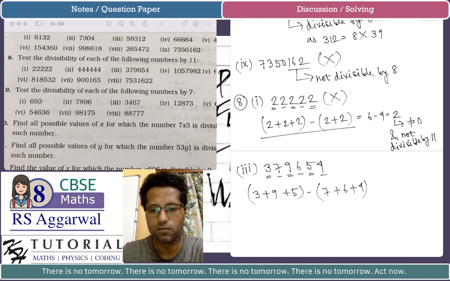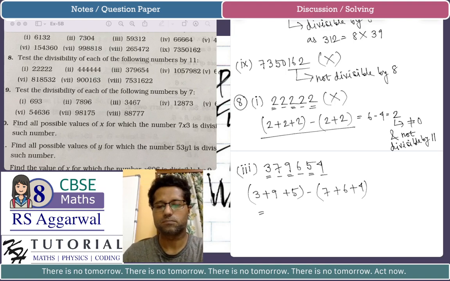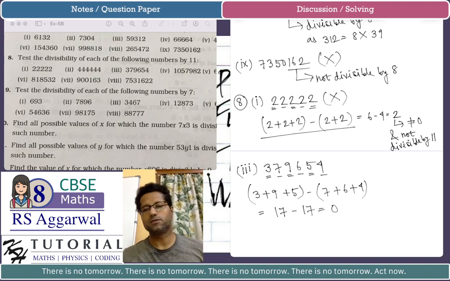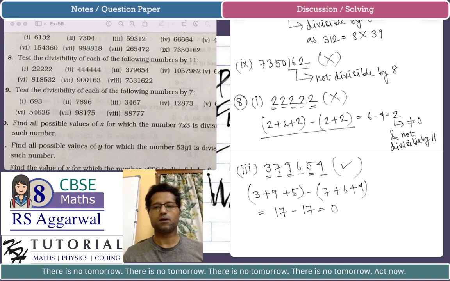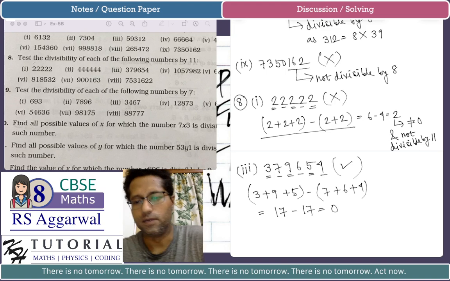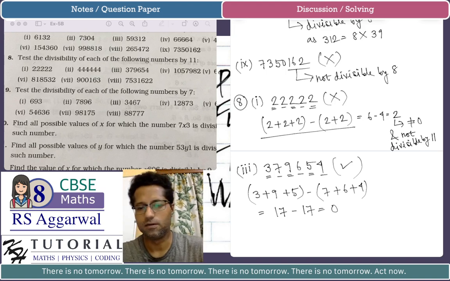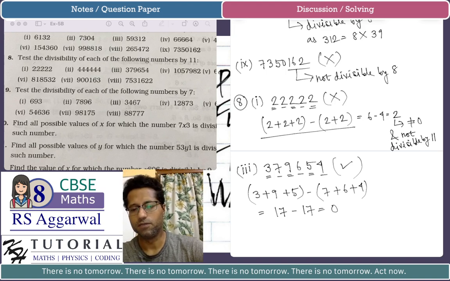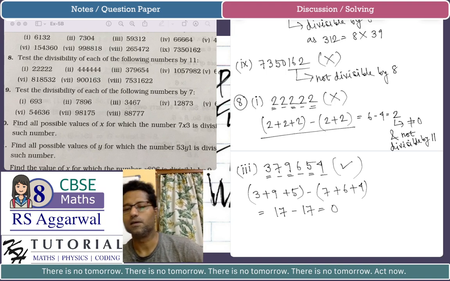This is equal to 17 minus 17, which is 0. Hence this number will be divisible by 11, because the rule says that the difference of the sum of the digits at the odd places and the sum of the digits at the even places is either 0 or divisible by 11.